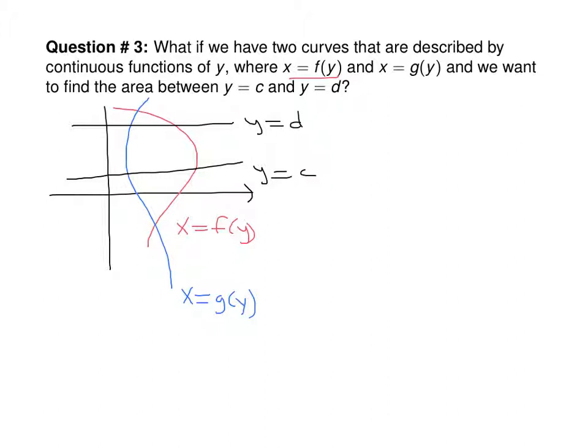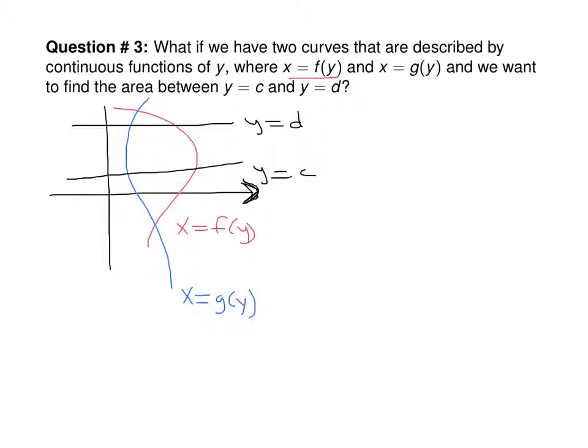Now in this case you have to think about which way is up, or which way is more positive. So I'm drawing that arrow in for a reason. Since the positive numbers are in the direction of that arrow, f of y is greater than g of y, at least in the picture as I drew it.